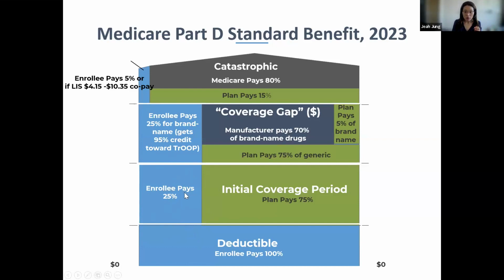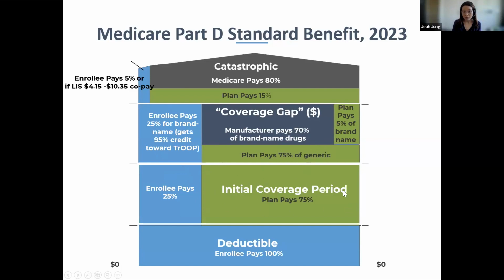However, we still follow the benefit phase as we originally started when the Part D program started. Why? On the beneficiary side, after the deductible, it's just 25% co-insurance until they hit the catastrophic coverage. But the reason we are distinguishing whether it's an initial coverage phase or a coverage gap phase is that who pays the rest of the 75% really depends.